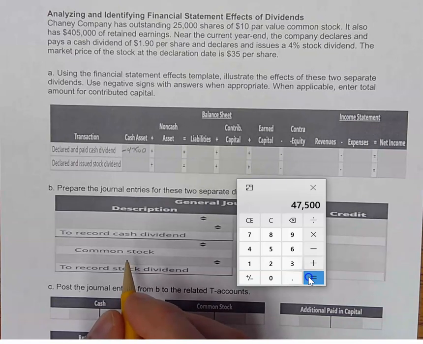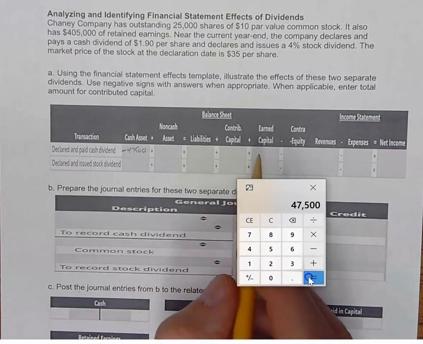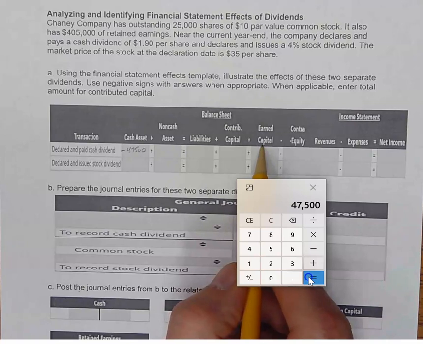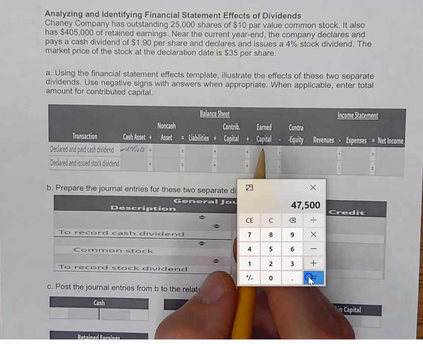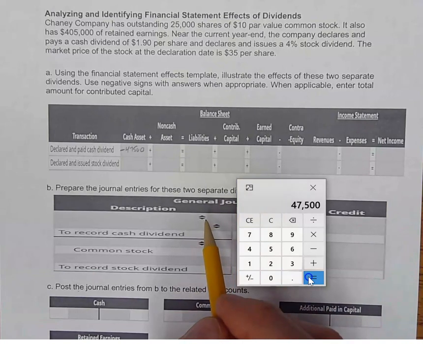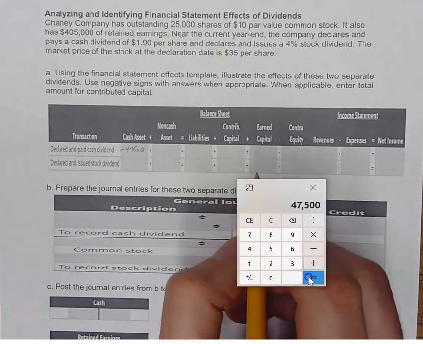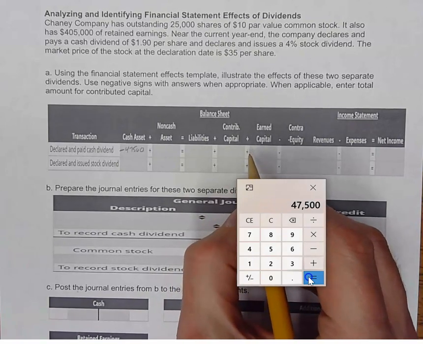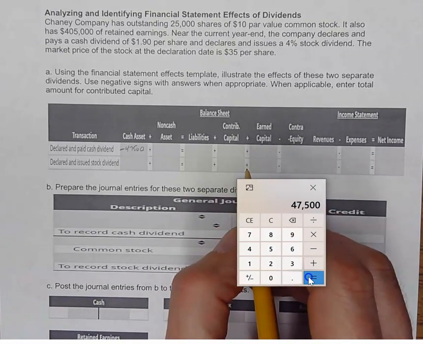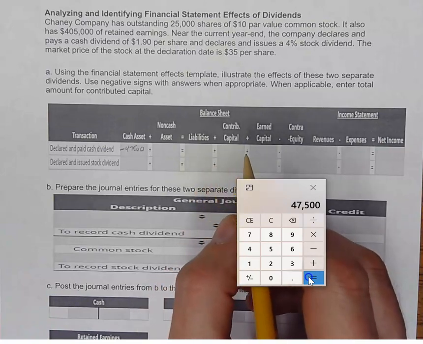All right. Now, earned capital. This is essentially what we call retained earnings. We said that dividends are normally paid out of earnings, and whatever is not paid out via dividends flows straight from the income statement to the balance sheet.